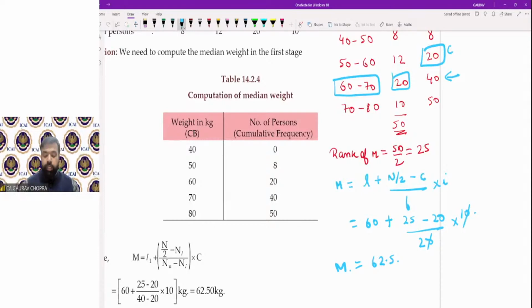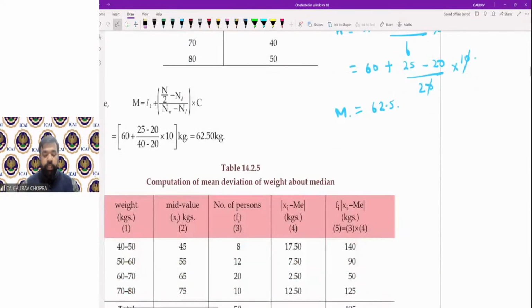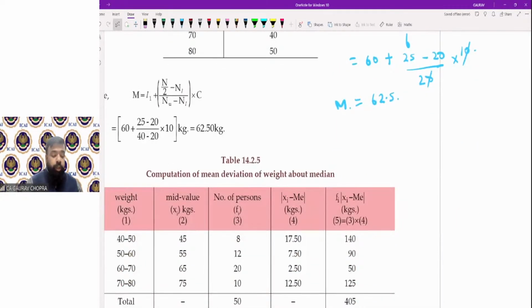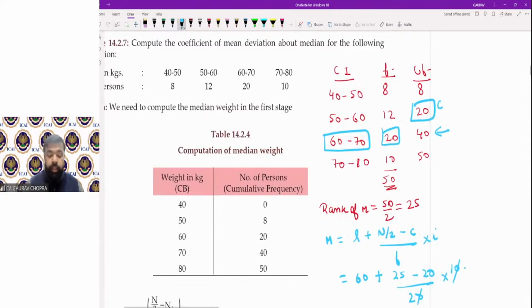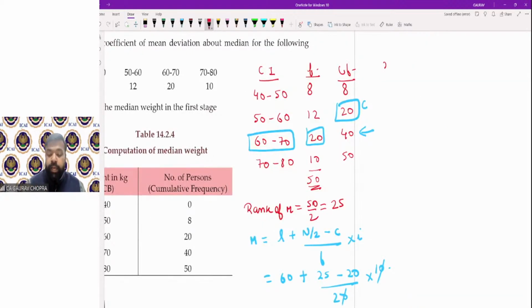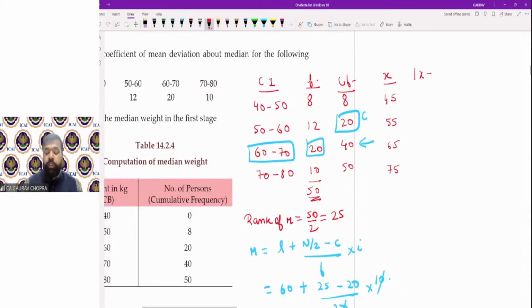Okay. Now, after calculation of median, you just have to take the deviation. So for x, you have to take the mid value. Mid value is required here. So you can write x as 40 plus 50 by 2. It will give you 45, then 55, 65, 75. Then mod of x minus median. Median is how much? 62.5.